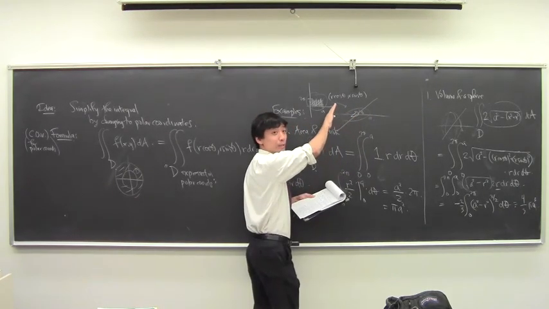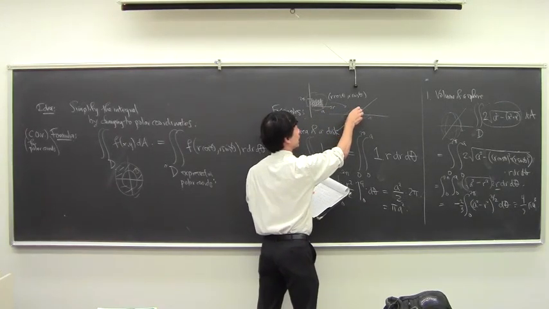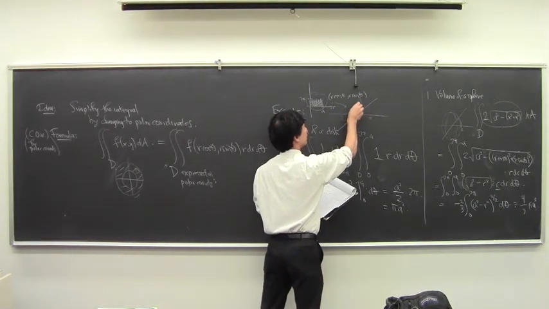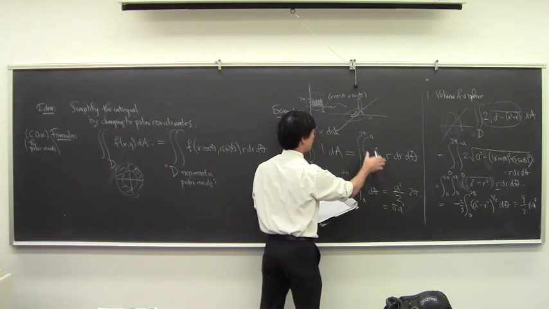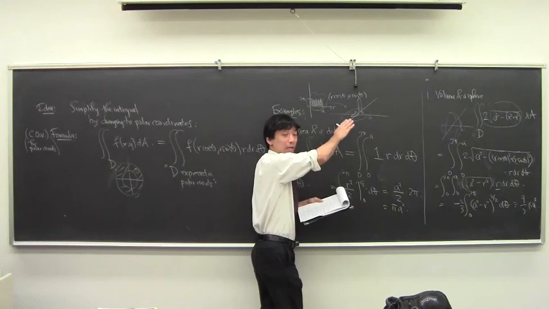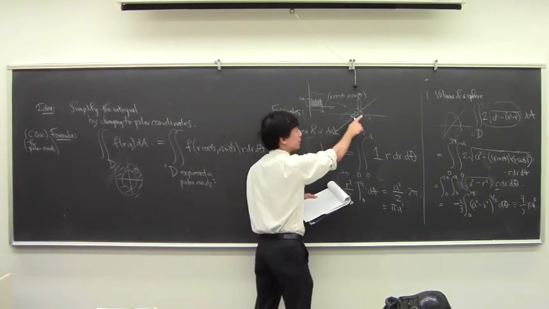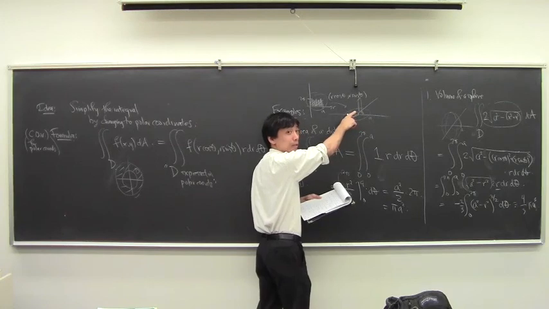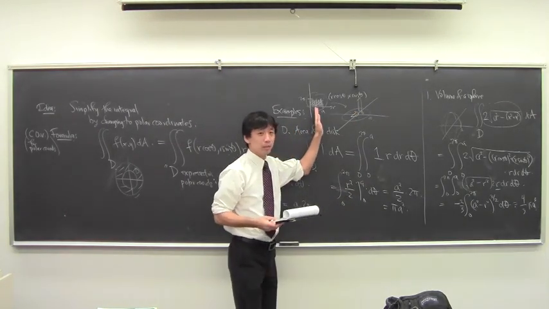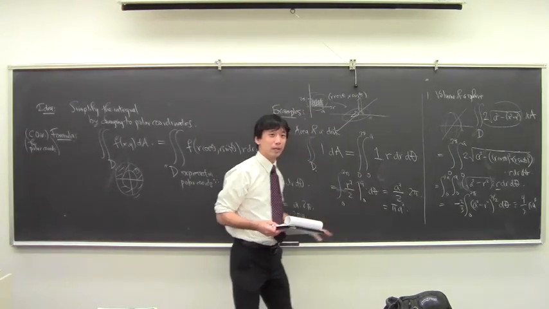The thing that I'm taking a volume of has height f, but the area of the base is the area of that polar sector, not this area. So at every point, some adjustment has to be made, and this is the adjusting factor.